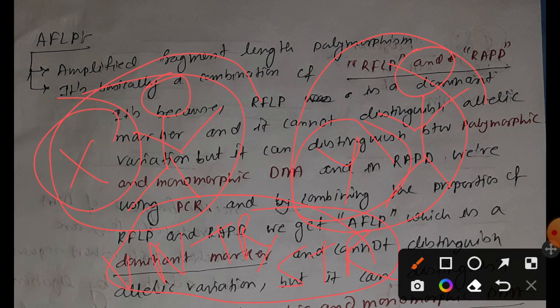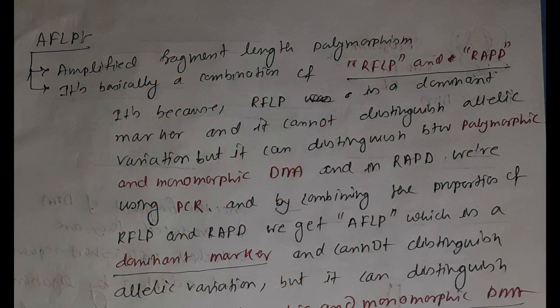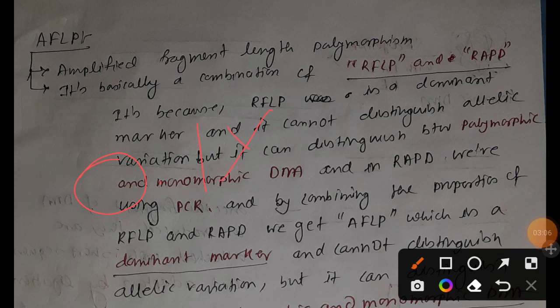VNTR is present in each and every person in this universe. VNTR is present in me, in you, in your friend, right? But the length and the repetition or copy number of the VNTR varies in each individual, and that is responsible for the 0.1% variation present in each and every individual.